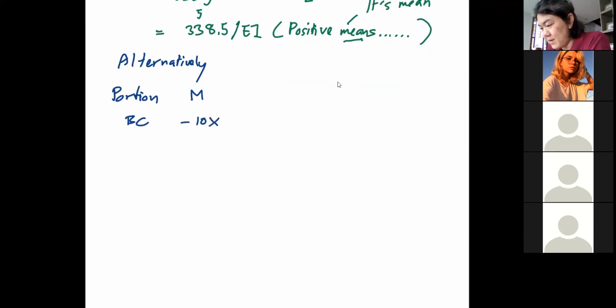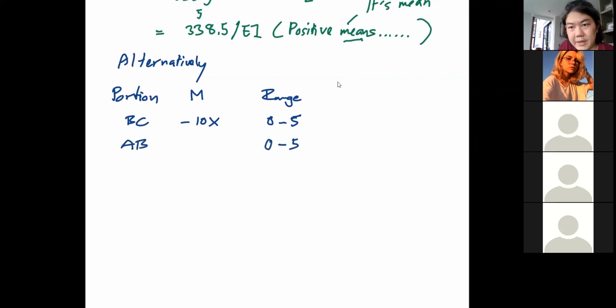But for member and range here, let's put it down here. 0 to 5. But instead of using a range from 5 to 10, I can also write the moment equation from 0 to 5.